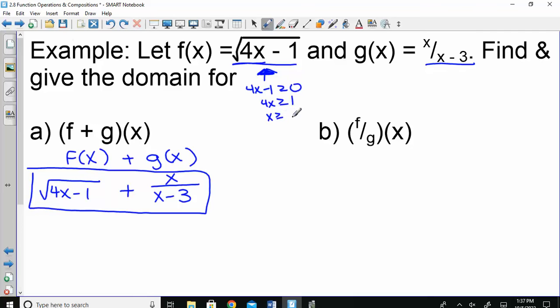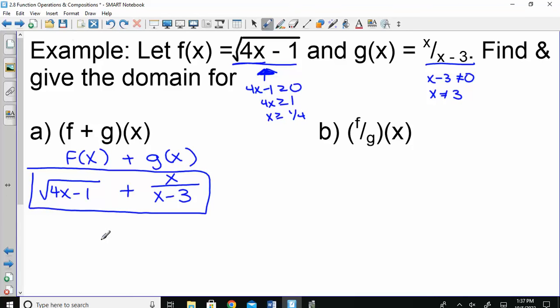If I solve that, I get that x has to be greater than or equal to 1/4. If you have a fraction, what do you know? Bottom cannot be 0. So x minus 3 can't be 0, so that means x cannot be 3.